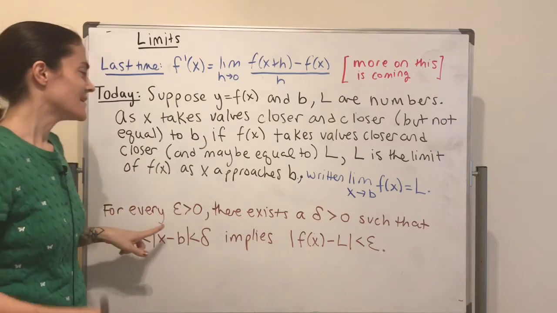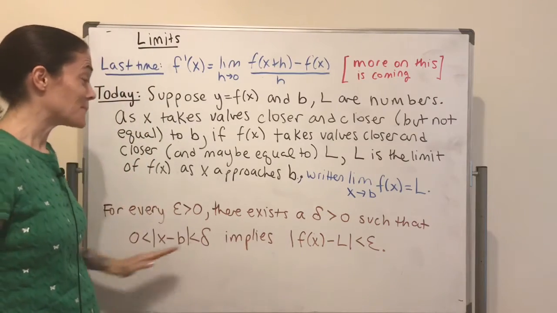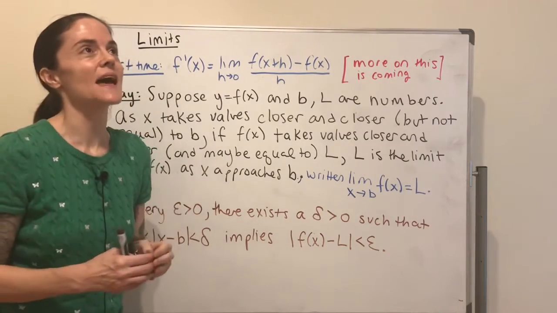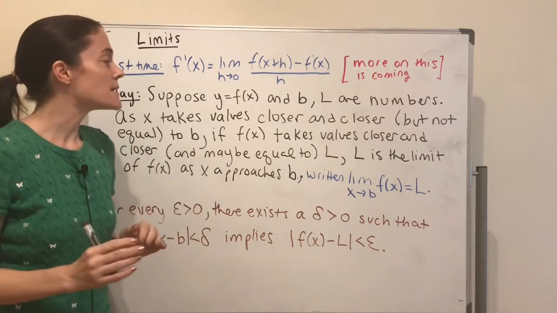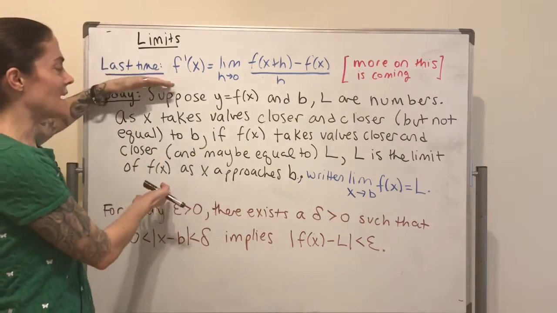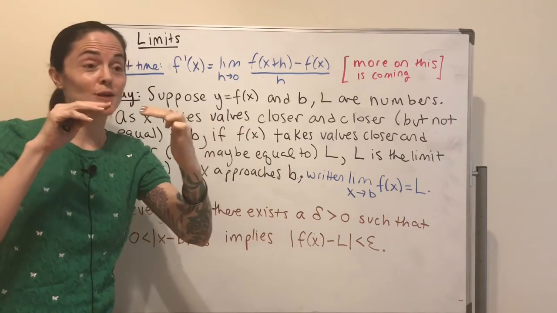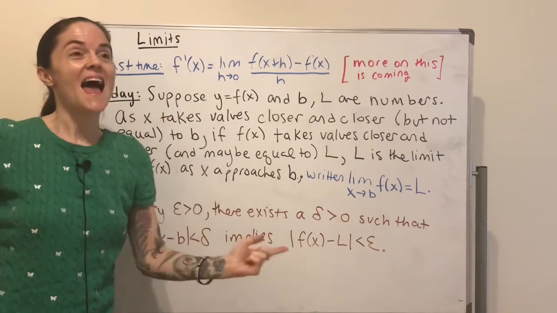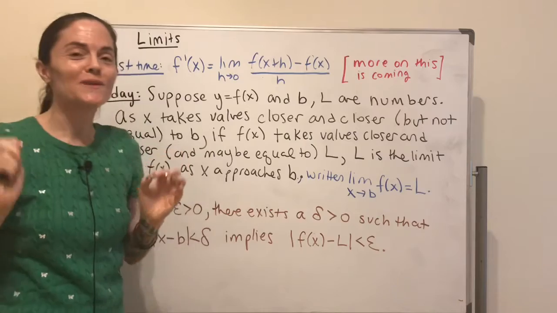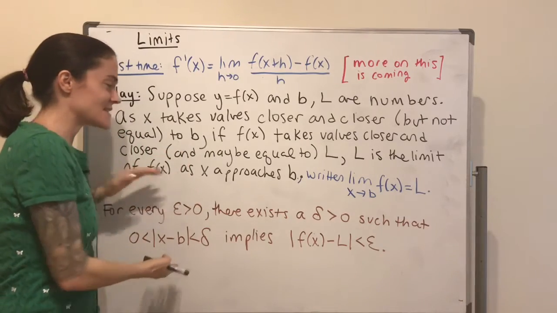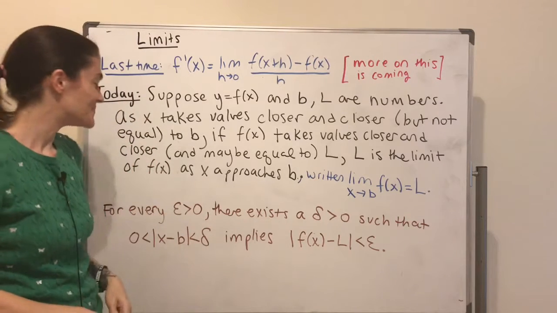It has what's called nested quantifiers. It has an implication, and this is something that is really for more advanced math classes. And so this idea of a limit that x takes values closer and closer to b, f of x takes values closer and closer to L is really what we will use, and not this technical definition. I will leave that to a future class.